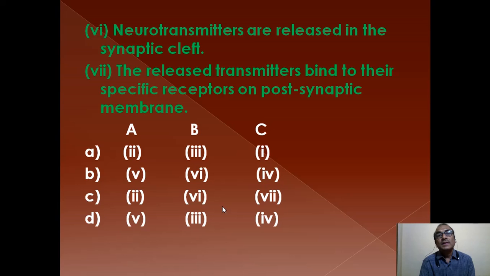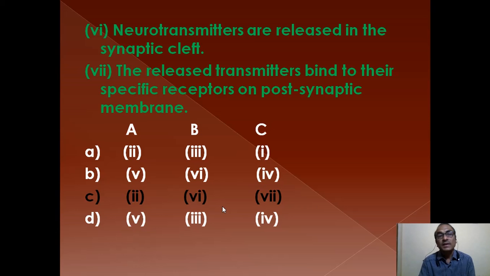And C, receptors or ion channels. Now, if we read the statements, so many statements are given, but only 3 statements we have to choose here. C will be the right answer. So the statements 2, 6, and 7 are correct.